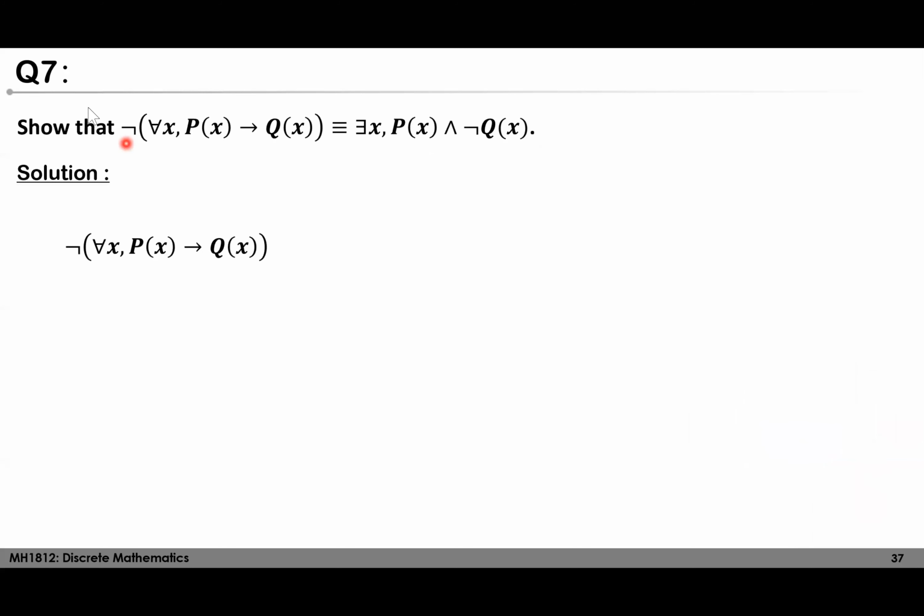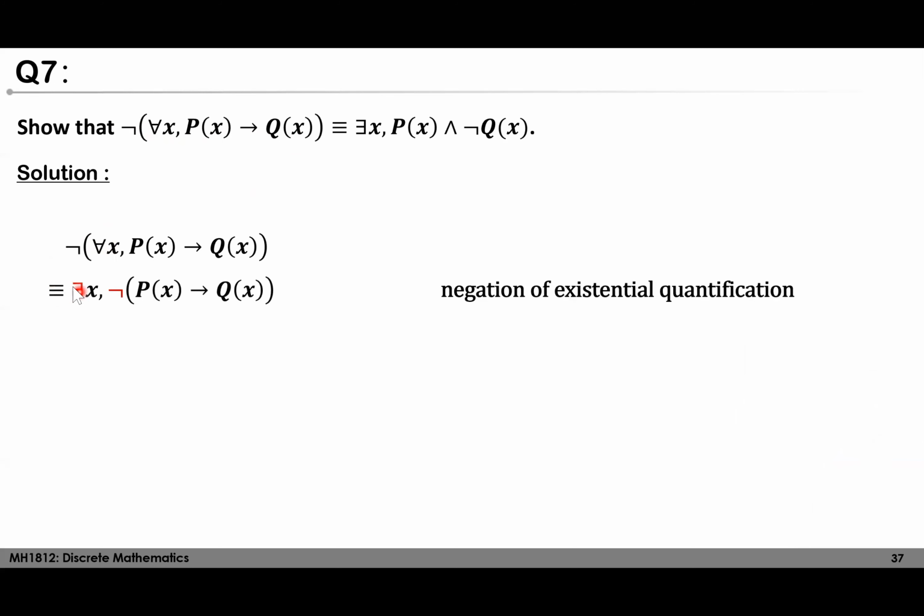So question 7, this is exactly what we have learned in the lecture video. So it's take negation of a universal conditional proposition. So the negation of universal is equivalent to the existential quantification. So we take negation to the inside proposition.